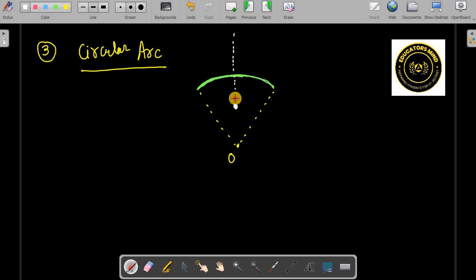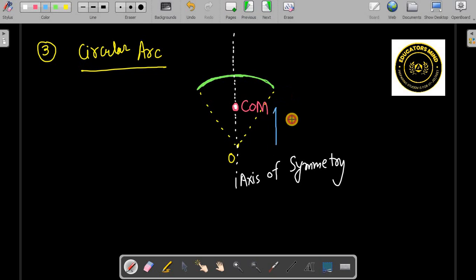First of all, the center of mass will lie on the axis of symmetry. This is the axis of symmetry. On this axis, the center of mass is going to lie here. And how to calculate the distance of the center of mass from the bottom? Bottom means from the center of the ring. This is the distance of the center of mass that you want to calculate.